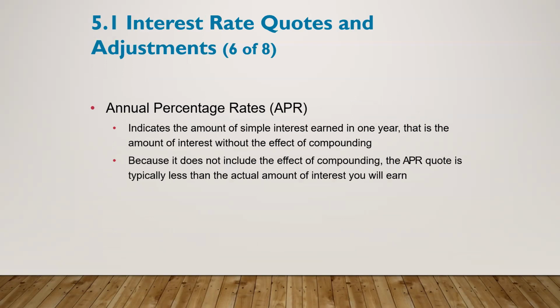APR indicates the amount of simple interest earned in 1 year. That is the amount of interest without the effect of compounding. Because it does not include the effect of compounding, the APR quote is typically less than the actual amount of interest you will earn.